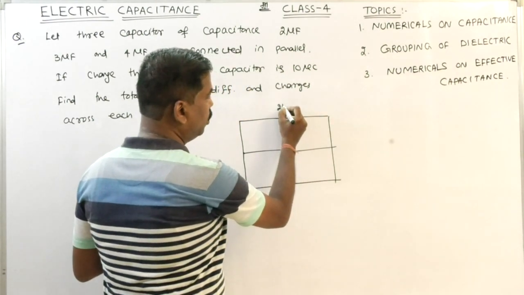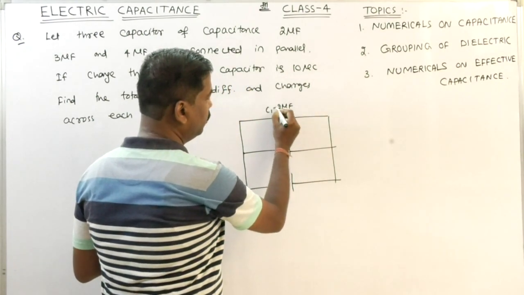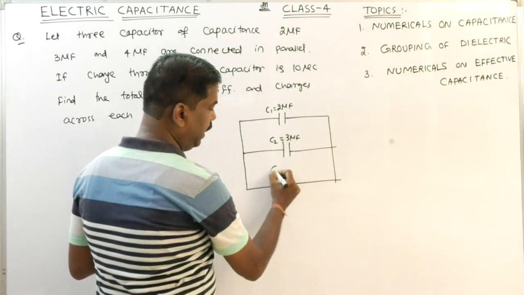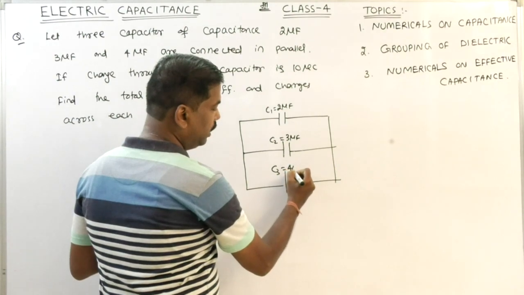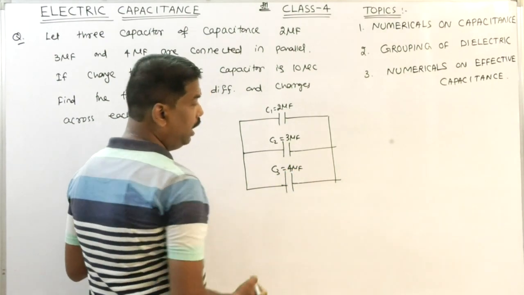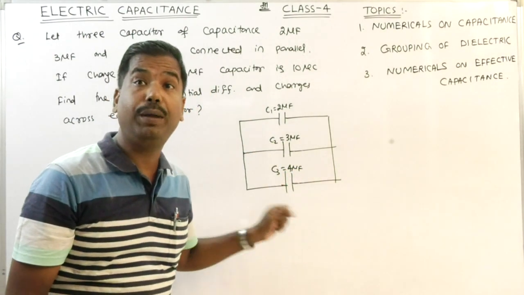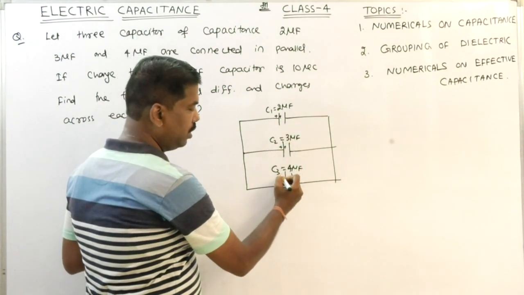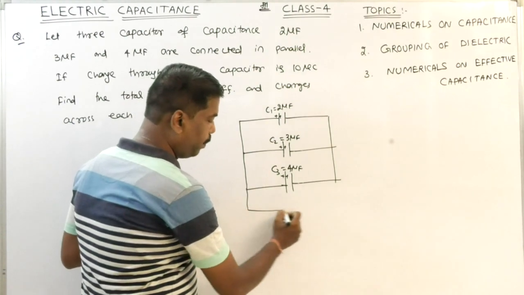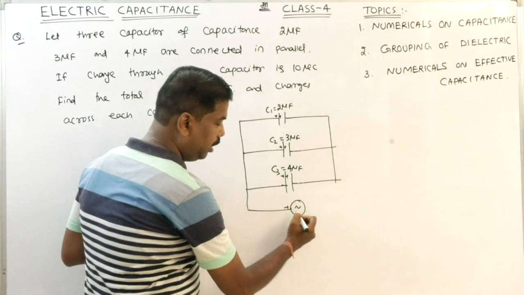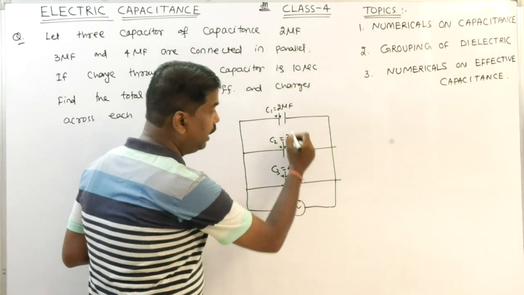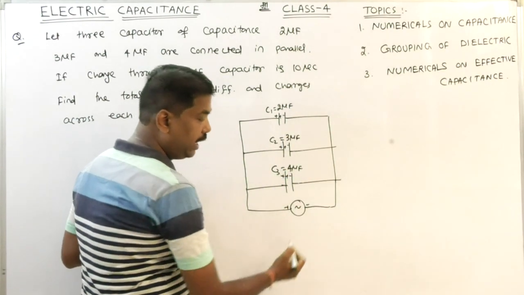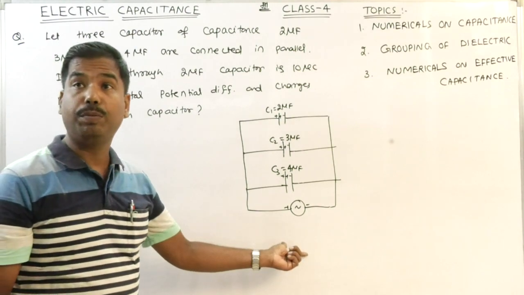Let this be 2 microfarad C1, this 3 microfarad C2, and C3 will be 4 microfarad. Capacitors are said to be in parallel if the positive plate of each is connected to the positive terminal of the power supply, and the negative plate of each is connected to the negative terminal of the power supply.